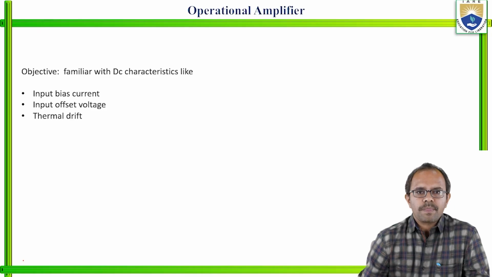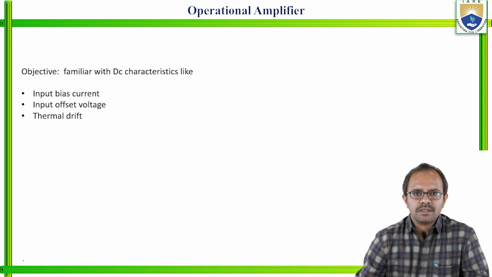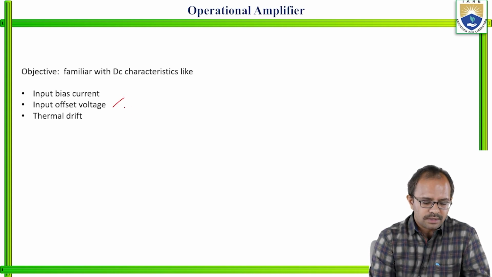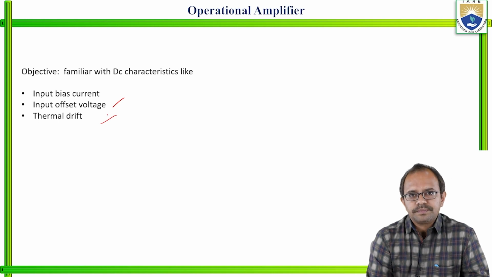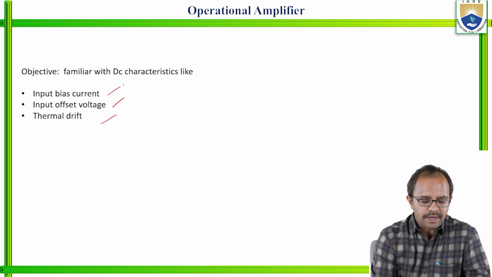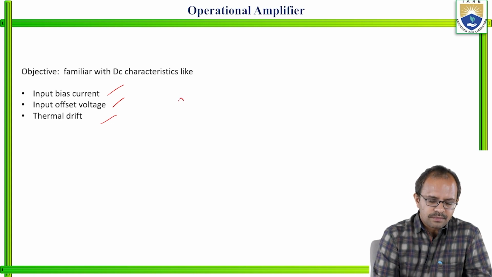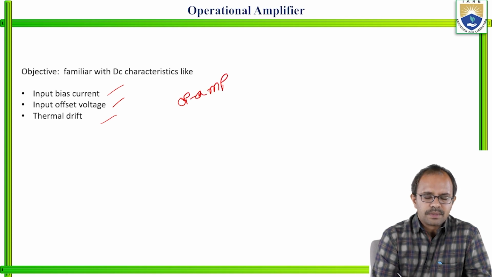The session includes the discussion on input bias current, and then we will discuss offset voltage, and then thermal drift. These are the three DC characteristics we will familiarize in this lecture in the context of operational amplifier, or in the context of op-amp.